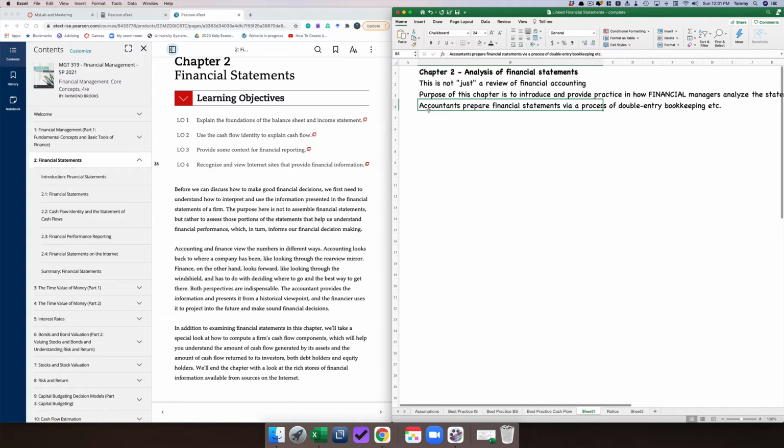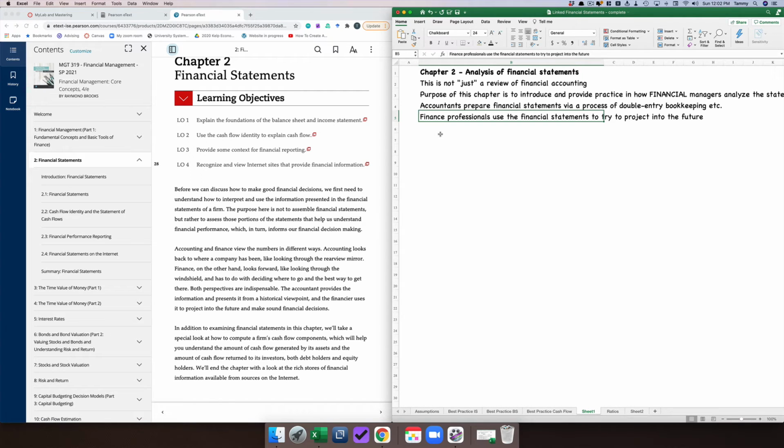But really, accounting is a process of preparing financial statements through double entry bookkeeping, which generates these standardized reports so that everyone can be on the same page in terms of what information is given in these financial statements. Accounting looks backwards, right? But finance uses financial information to try to project what's going to happen in the future so that they can make investment decisions.